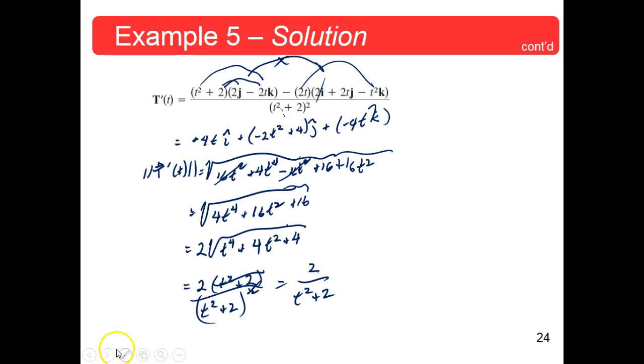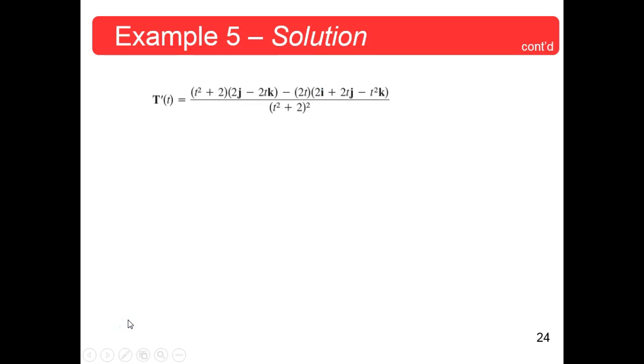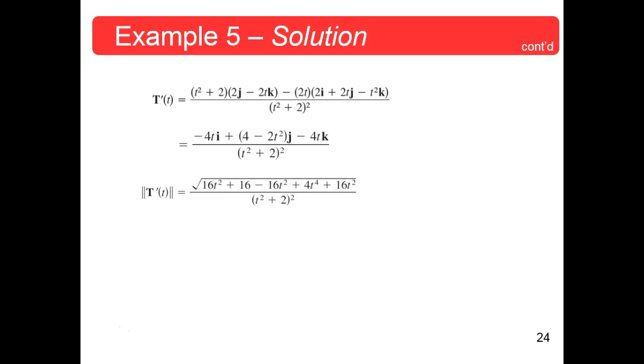So let's go back and pick up from where they did. That's your T prime, which is just like what we got: minus 4ti plus 4 minus 2t squared j minus 4tk over t squared plus 2 squared.